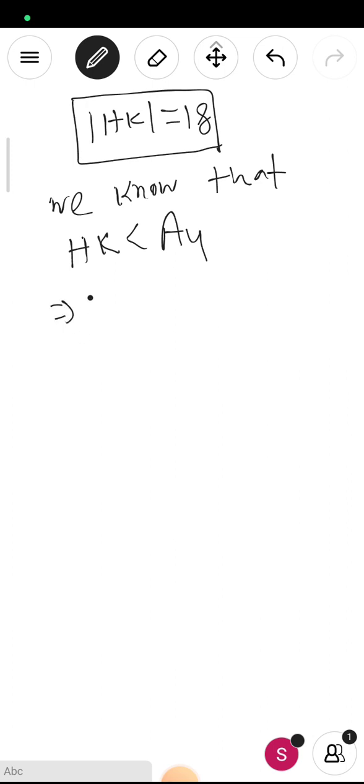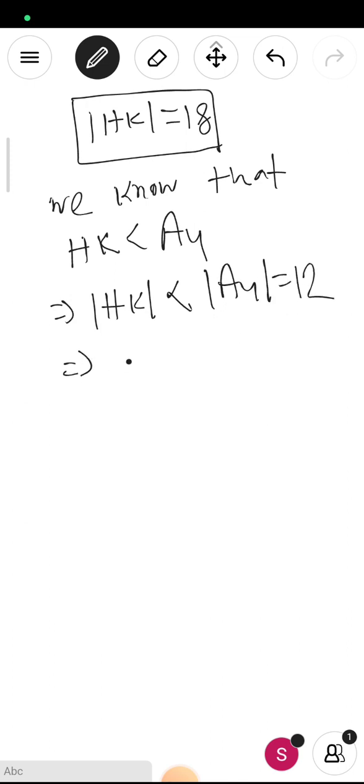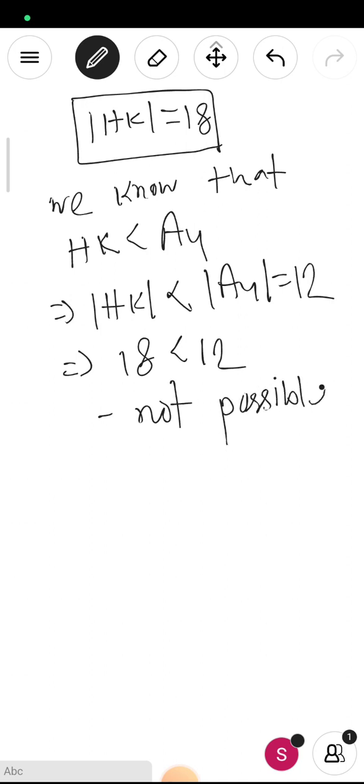Then the order of HK is obviously less than or equal to the order of A4, which equals 12. So we get the order of HK equals 18, that is less than 12. Not possible. So this is a contradiction. So our assumption is wrong. What did we assume? We assumed that A4 has a subgroup of order 6, but we get a contradiction.